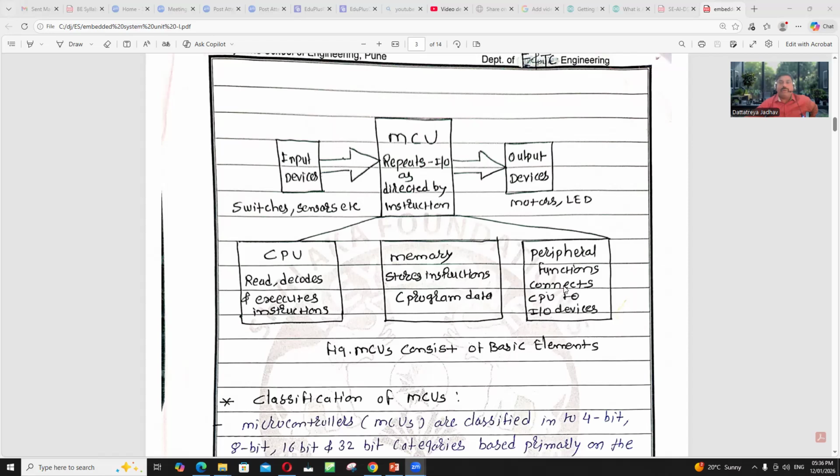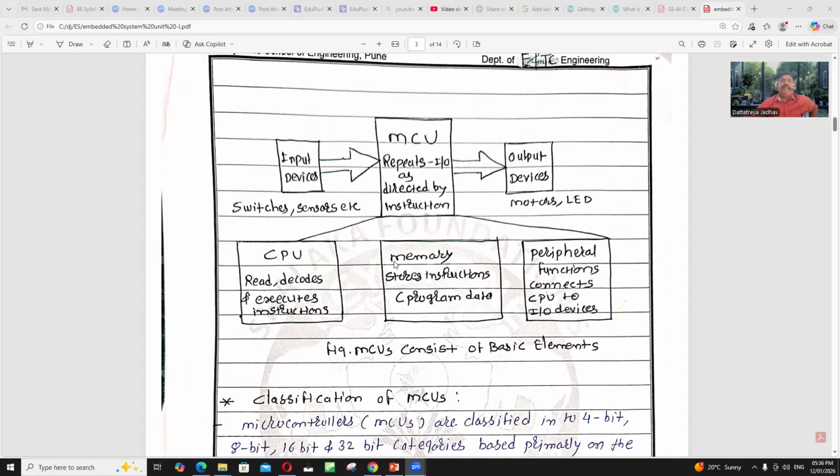Then the input output devices, which are interconnected with the microcontroller, may be sensors, switches, and all the input devices whatever is required to be processed. The microcontroller reads input and output as directed by the instruction. Whatever instruction the CPU executes is carried out by the microcontroller and the output devices, which may be a motor, LED, or any number of outputs we require.